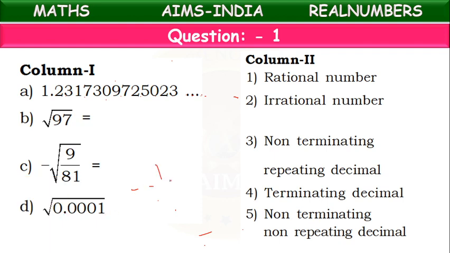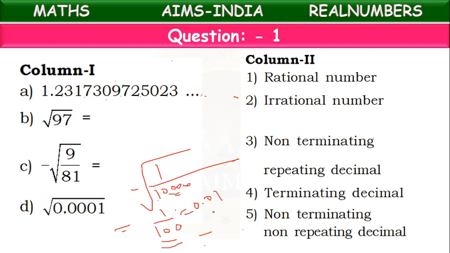0.0001. After the point we have 4 places. So I can write it as 1 by 10,000. Root of 1 by 10,000, where root of 1 is 1. Root of 10,000: for 4 zeros, in the square root value we keep 2 zeros. So 1 by 100 means 0.01.